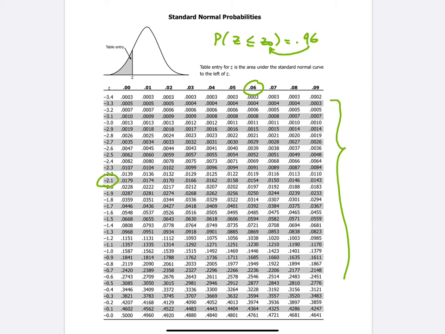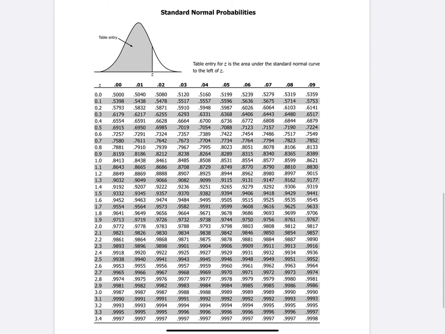So here we are on the negative side of the table, and if you look in the interior of the table, the largest value is 0.5. So this side of the table is not going to help us. Let's go to the other side of the table, which is the positive side.